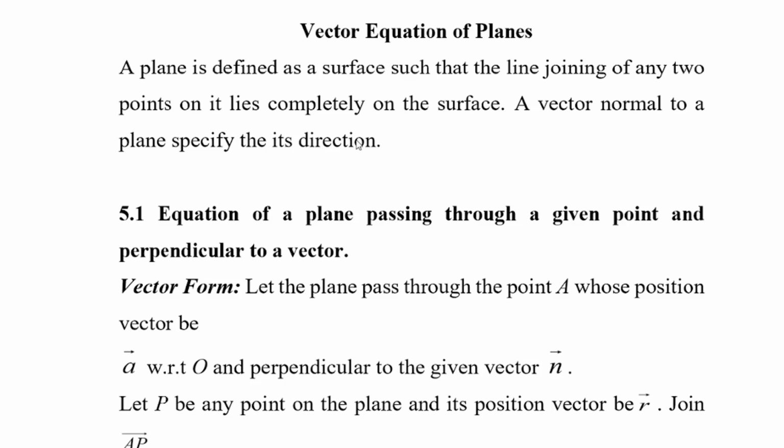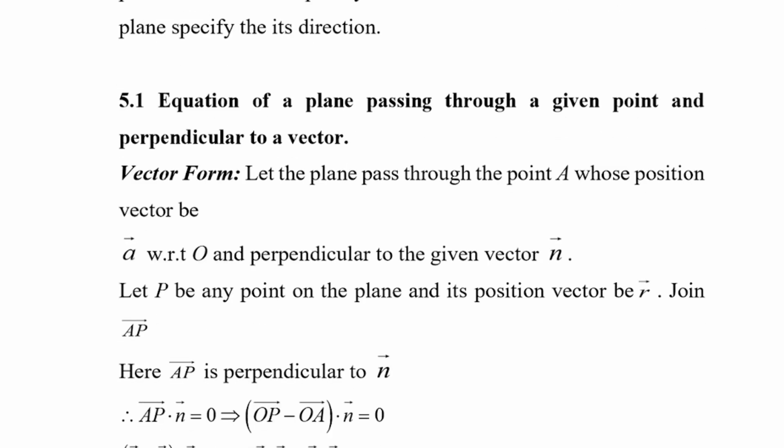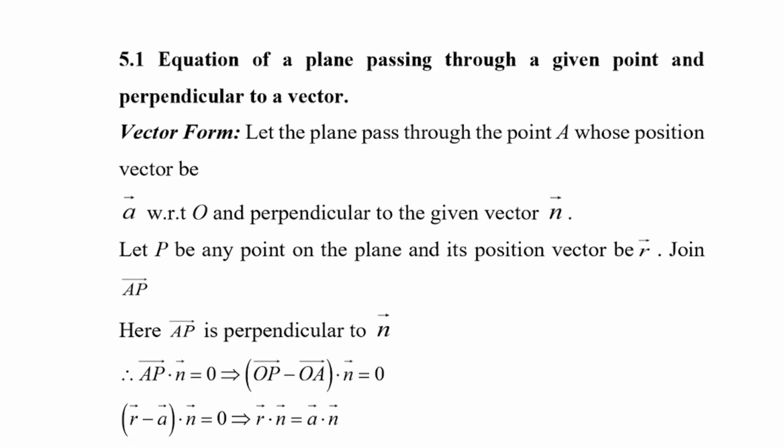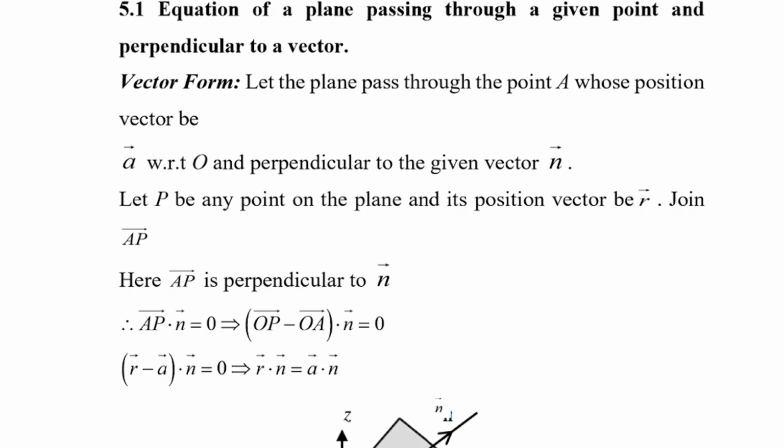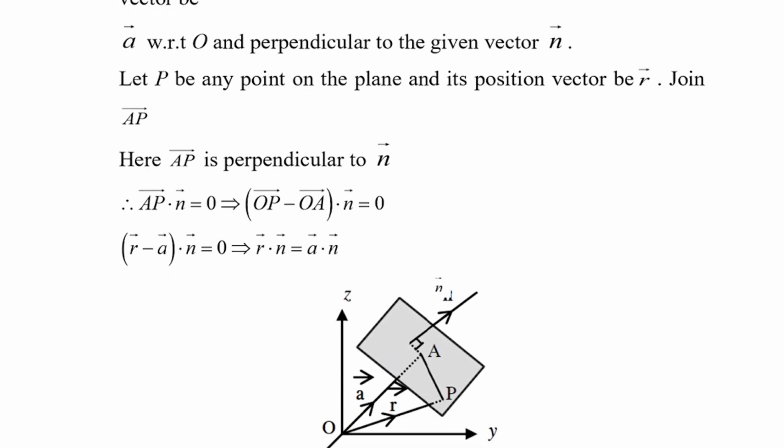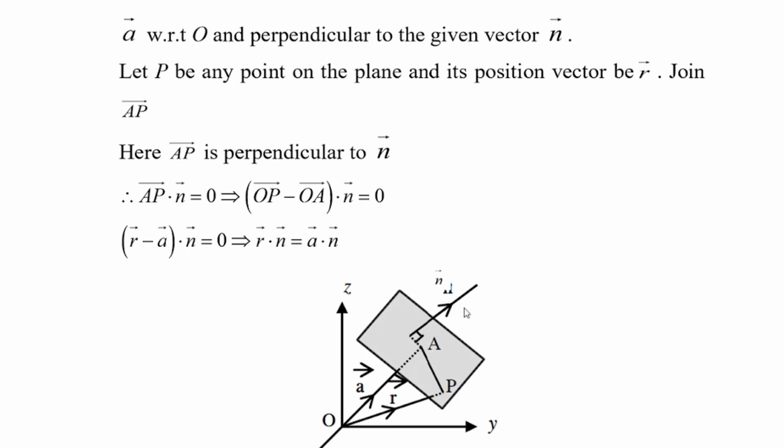A vector normal to a plane specifies its direction. The equation of a plane passing through a given point and perpendicular to a given vector: assume we have a plane that passes through point A whose position vector is a with respect to O, and is perpendicular to the given vector N, then we have AP perpendicular to N. So that is exactly what is happening here.